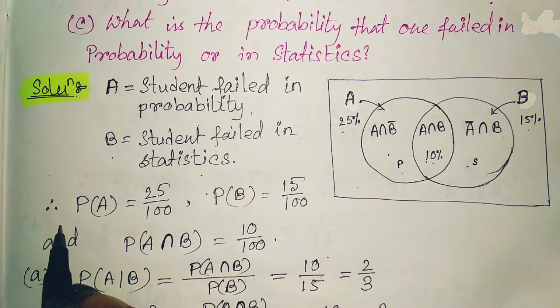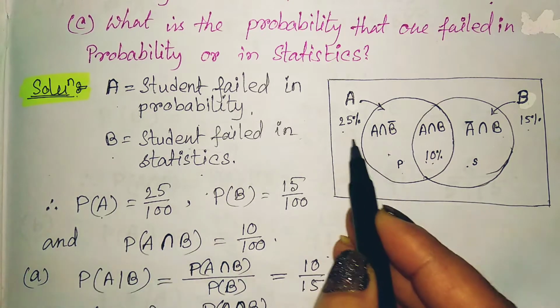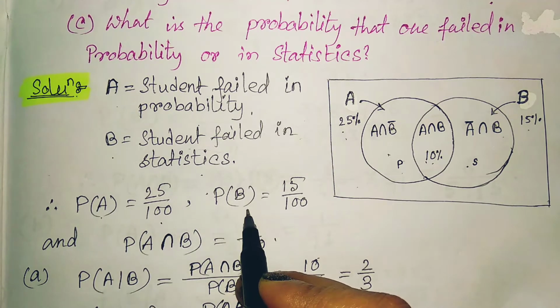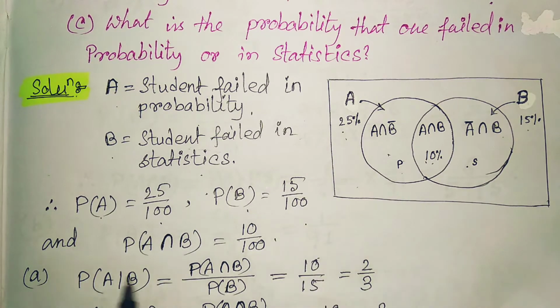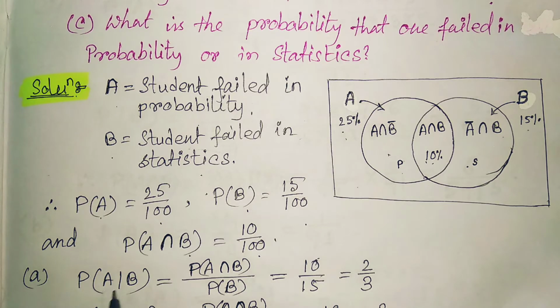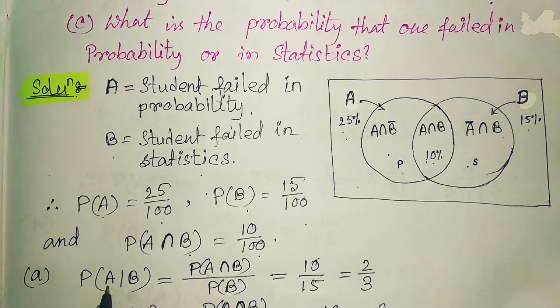According to the question, probability of A is 25 by 100, probability of B is 15 by 100, and their intersection is 10 by 100. It is given. Now our first requirement is the probability that the student failed in probability provided he failed in statistics. That is probability of A given B.